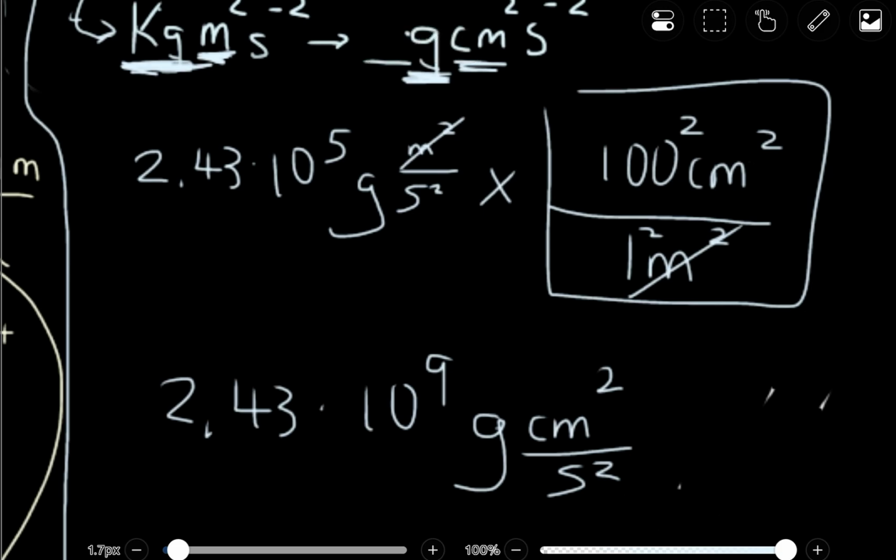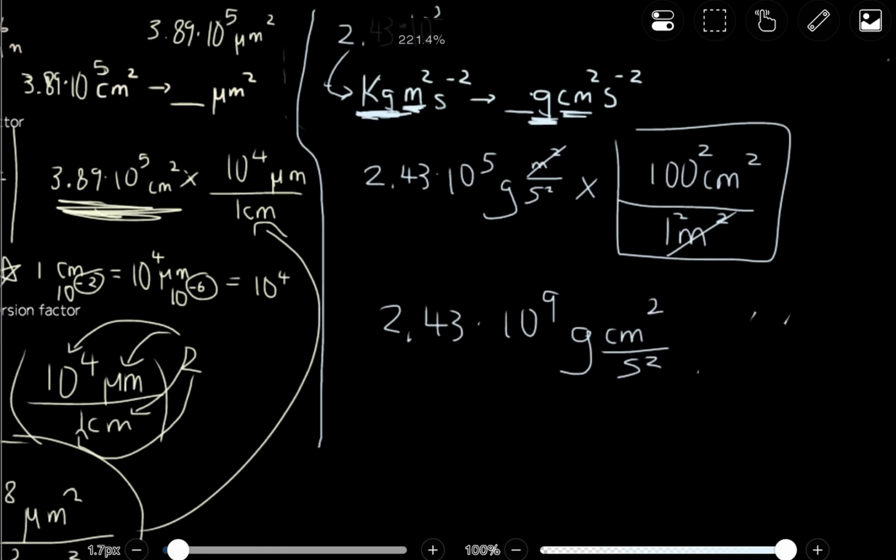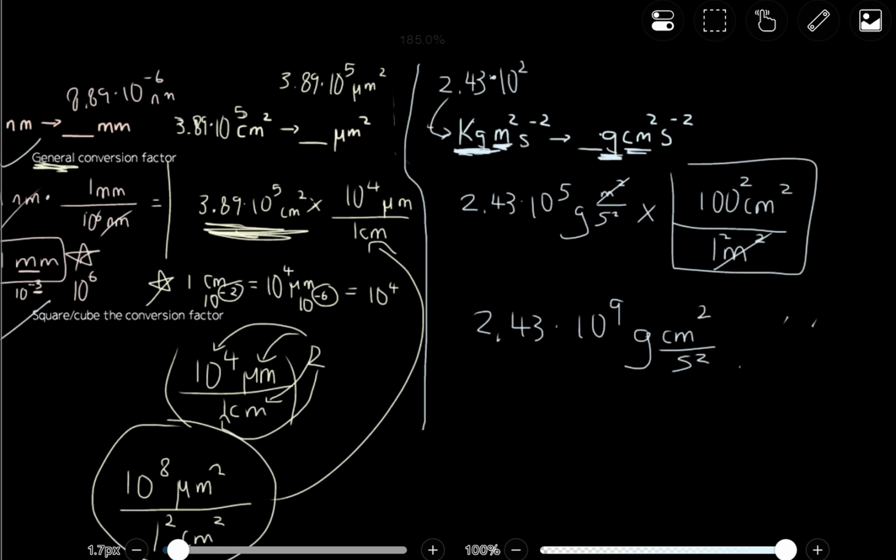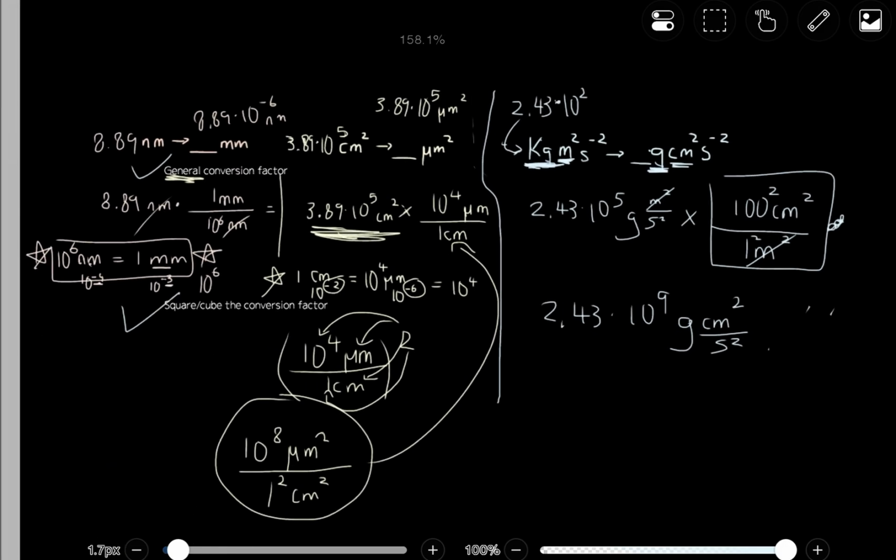So as you can see here, in one step we combined writing a general conversion factor and squaring everything, remembering to distribute everything evenly to the numbers as well, and we got our answer.